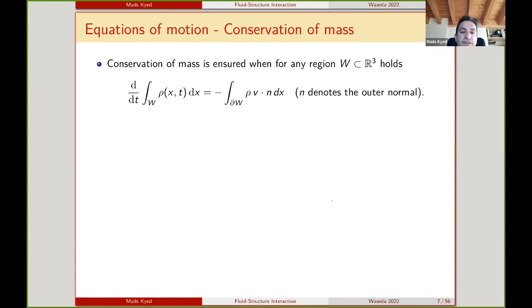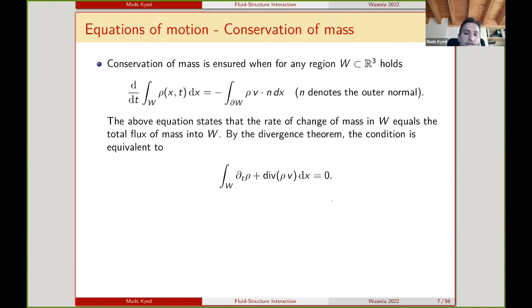The rate of change, d/dt, of the total mass in the region V is equal to the total flow of mass per time unit into the region. So this is the total mass that flows through the boundary of our region V per time unit.